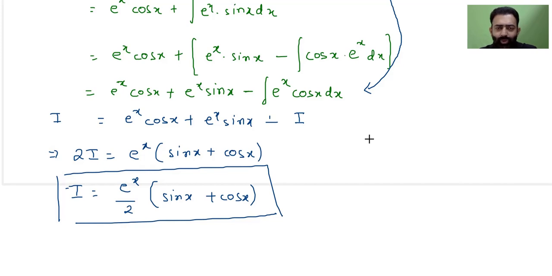So this is the third variety of question that you will encounter, that sometimes you are applying integration by parts again and again, and you will see that there is some pattern involved in the question, right? So look for that: if I call the initial integral I, is there any integral which is of the same type as in the original question, and consider that integral as just I. That's all in integration by parts.